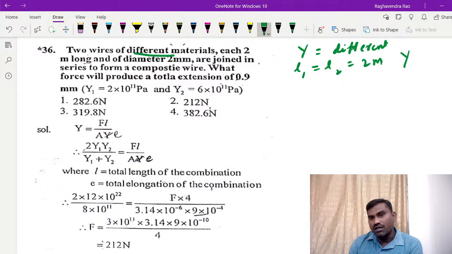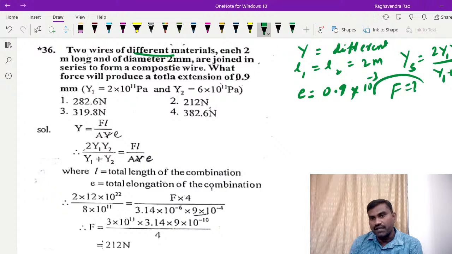So in series combination, Ys is equal to 2 y1 y2 by y1 plus y2. That we already calculated. Now joined in series to form a composite wire, what force will produce a total extension of 0.9 mm? So elongation must be 0.9 into 10 power of minus 3. For this elongation, what is the force we need to apply?